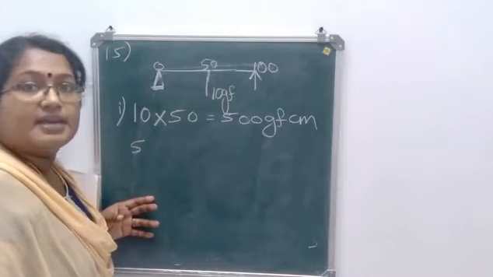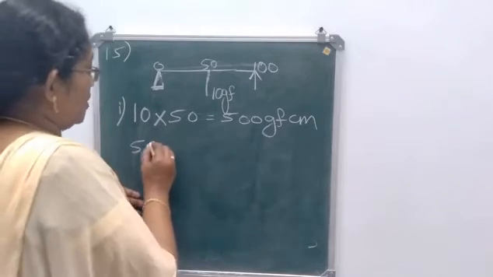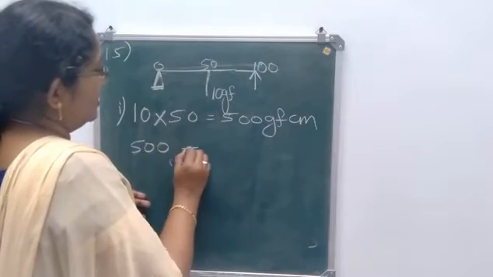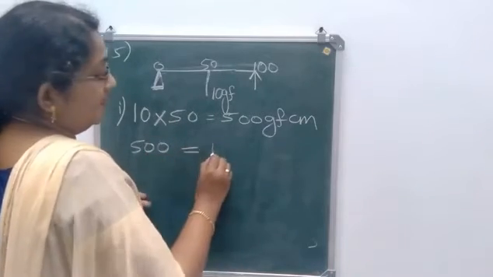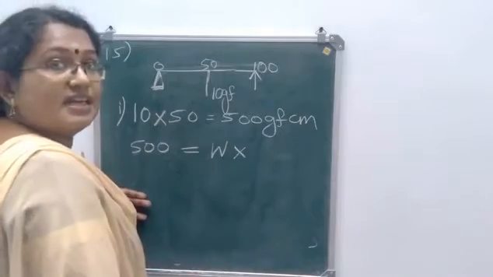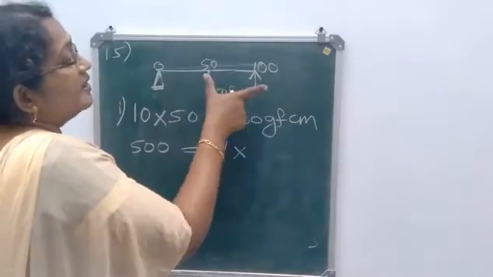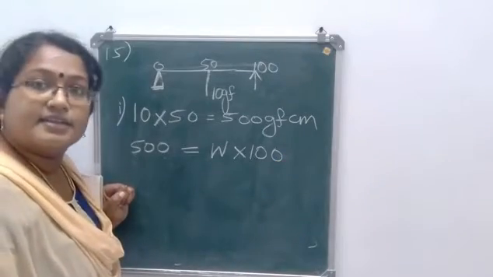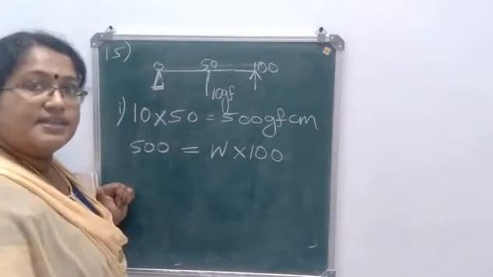Then only it can be raised, isn't it? So 500, already we have 500 gram force centimeter. This is equal to, we don't know how much weight is needed. Then here this distance is 100. Okay, did you understand?